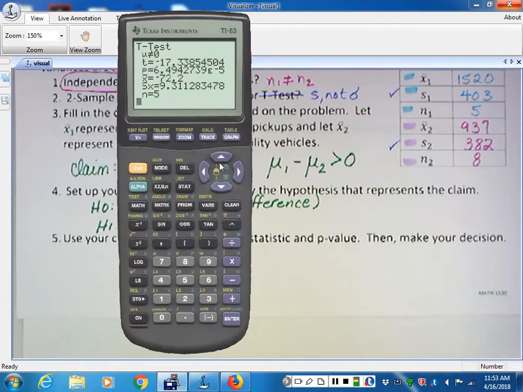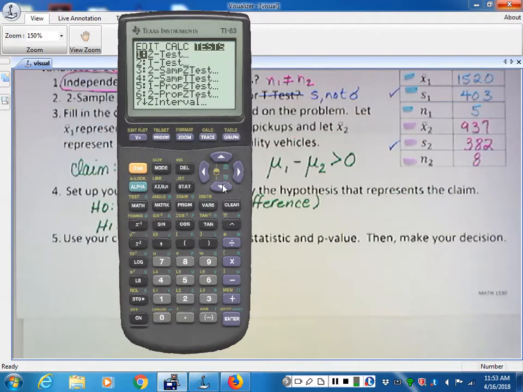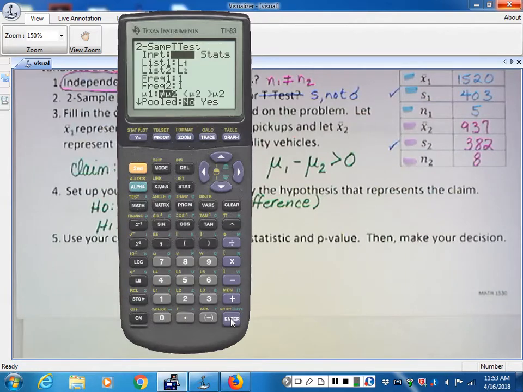Turn the calculator on. We hit the stat button, we go to the test menu, and we go to the 2-sample t-test because that was the choice that we made. And our input is from statistics, not data. And the mean for group 1 is 1520.